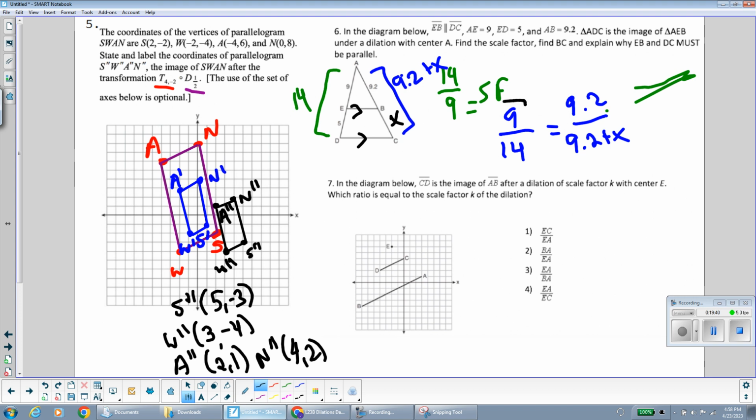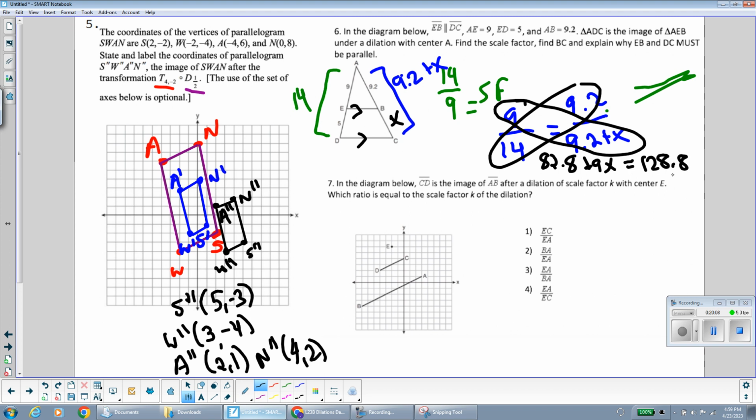So I am going to multiply. Let me do this on my calculator. 9 times 9.2 is 82.8 plus 9x. And then the other way, we have 14 times 9.2, and I got 128.8.